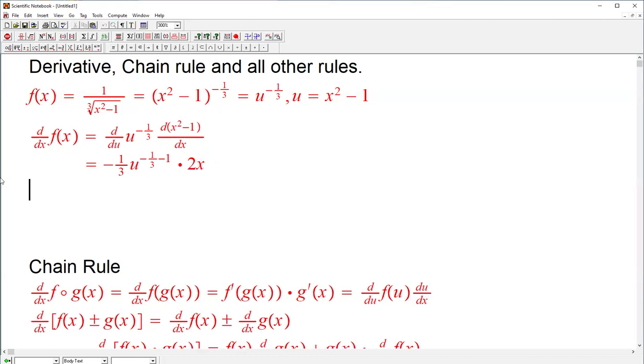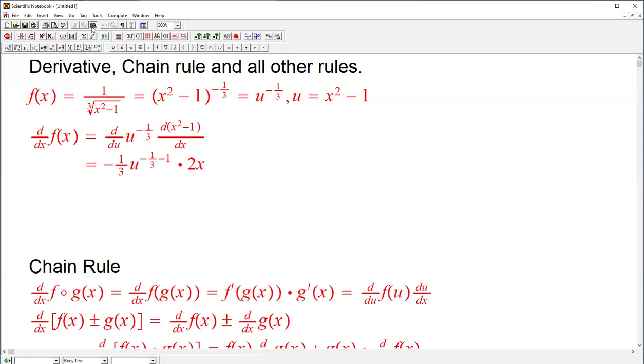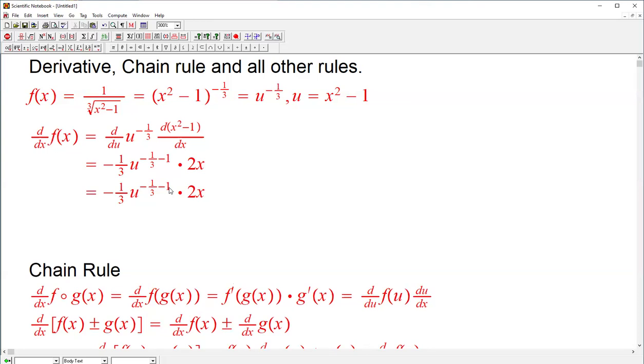Right, so you can see we're almost done. Of course, negative 1/3 minus 1 is negative 1/3 minus 3/3, and that's going to give us negative 4/3.